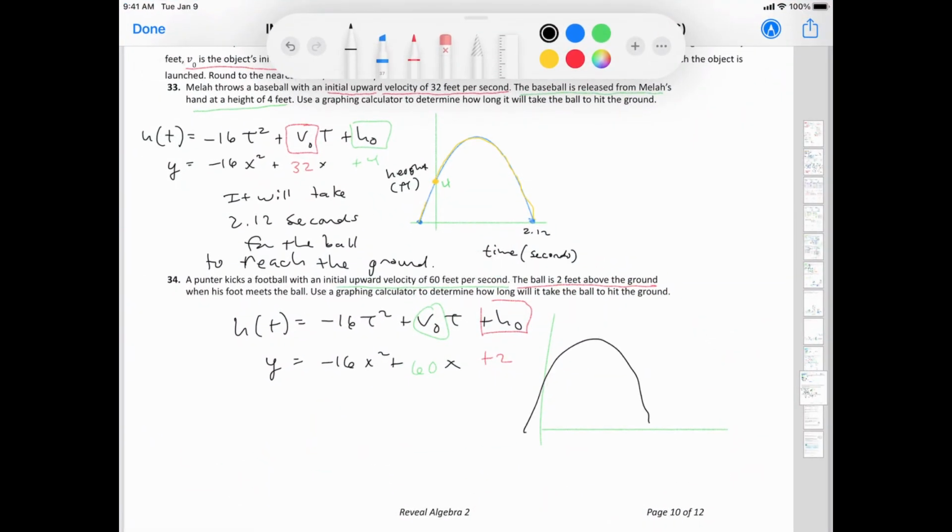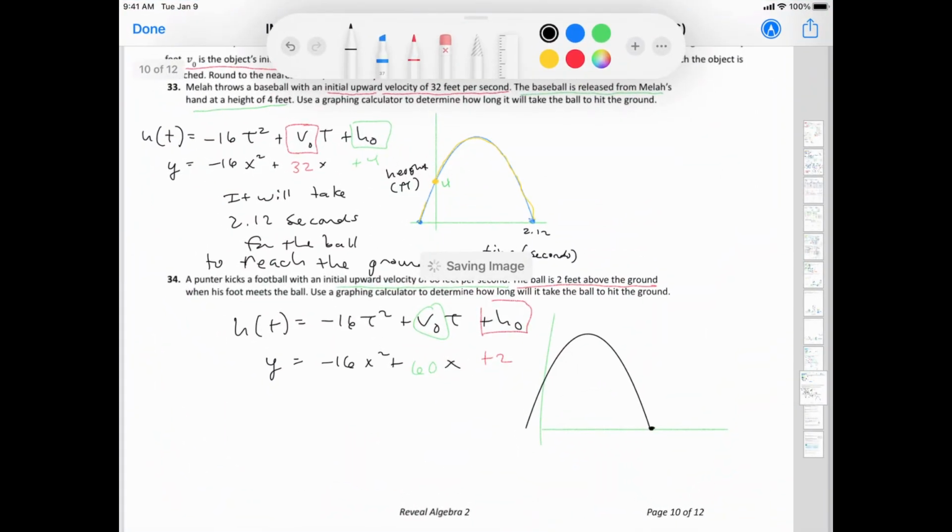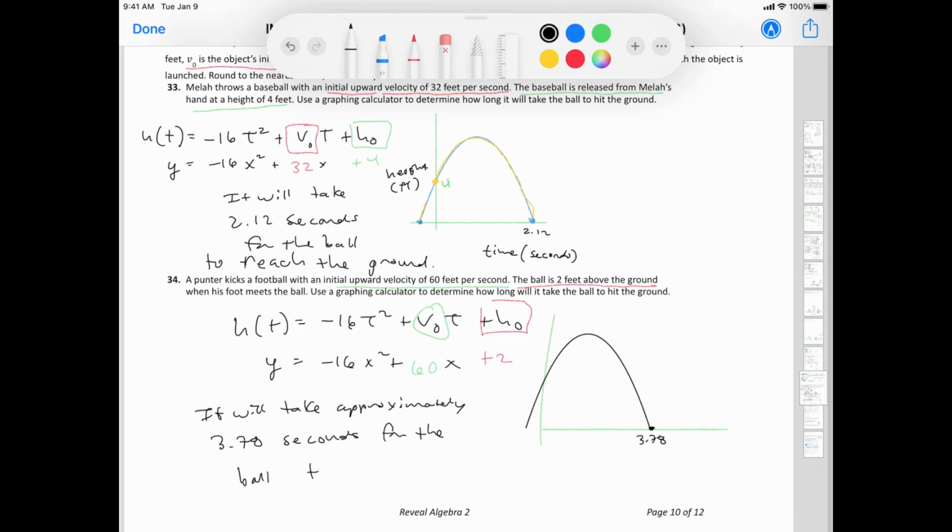So the graph goes like that. What did I say? 3.78. That's what I said. It will take approximately 3.78 seconds for the ball to hit the ground.